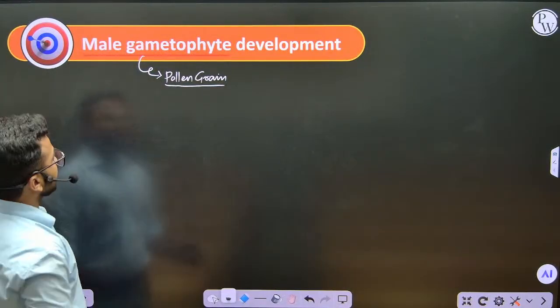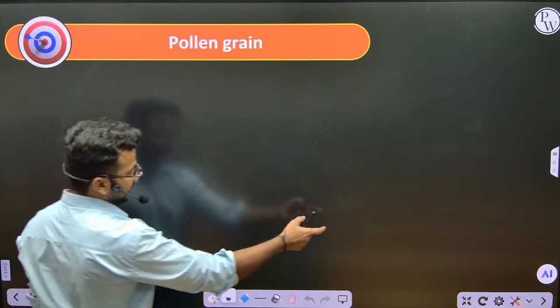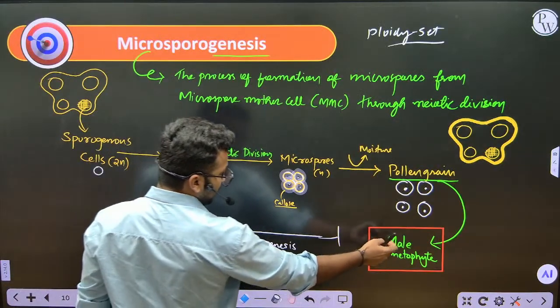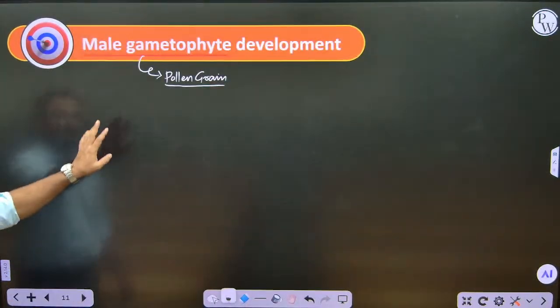So here male gametophyte development, that is pollen grain. How the further development takes place, that we will be seeing here.